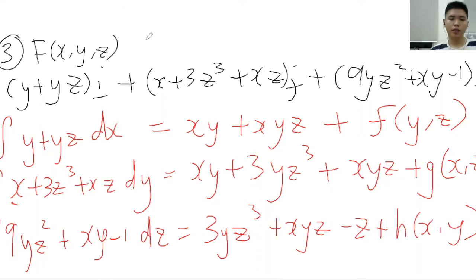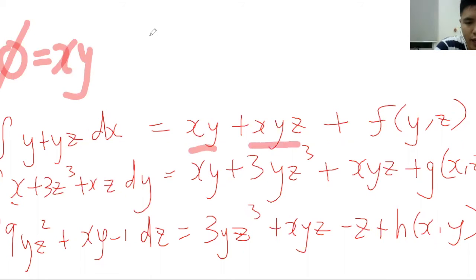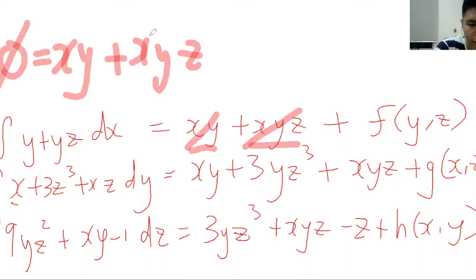Therefore, all three are the potential function. If repeated, no need to copy, just copy once. So we can say f equals xy, xyz plus xyz, so those with xyz I can combine.